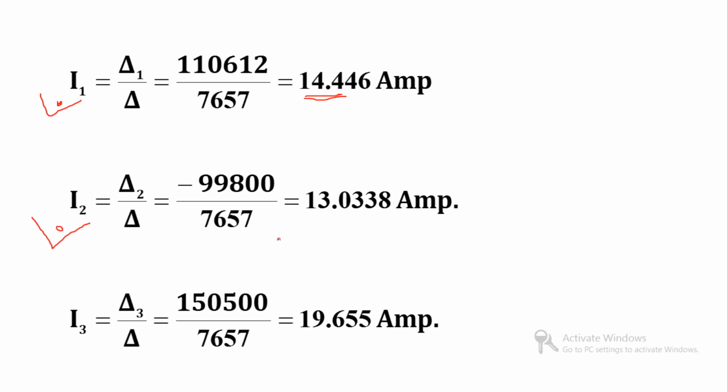Sorry, over here is the minus sign, so you will get I2 is equal to minus 13.0338 ampere, and the value of I3 is equal to delta 3 by delta, and that is equal to 19.655 ampere. So, this is the solution of all the loop currents. We have already found the value of I4 is equal to 40 ampere.